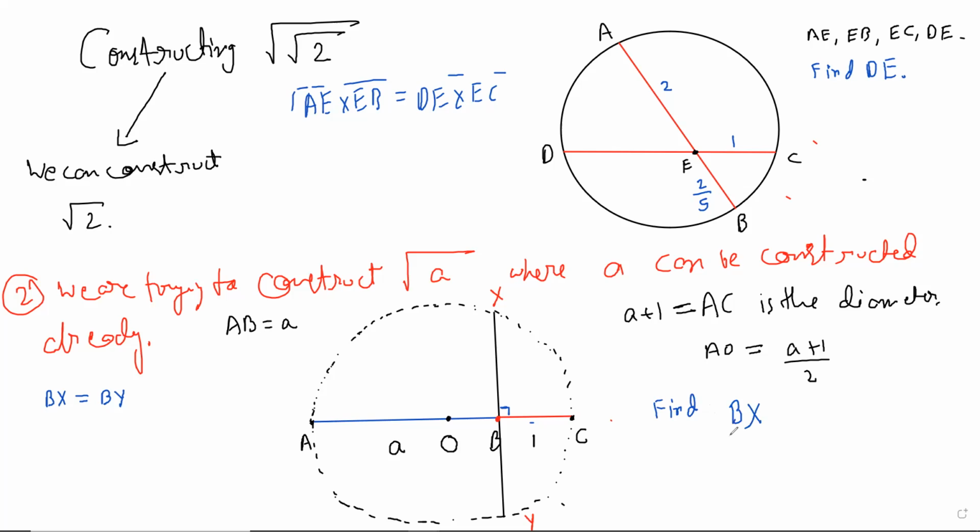Let's try to find Bx and see what it is. Shall we? You can use any method you want. You can try to use Pythagoras theorem. You can try anything that comes to mind.